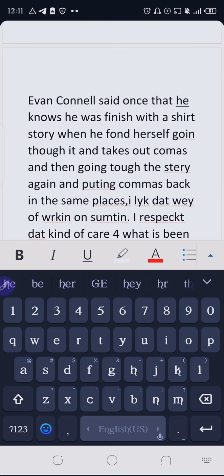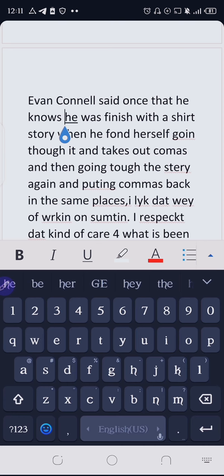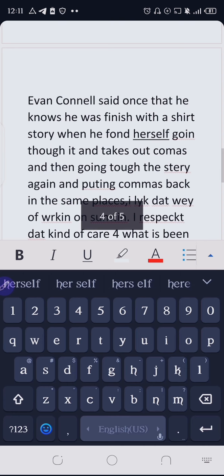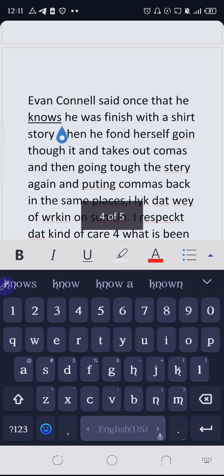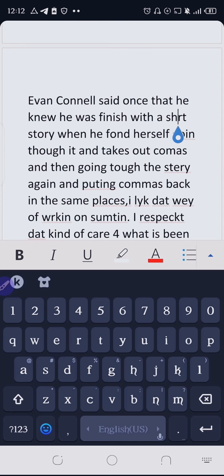He said once that he knew it was finished. Verb tense consistency. Said, past tense, that he knew it was finished, with a short story, actually.